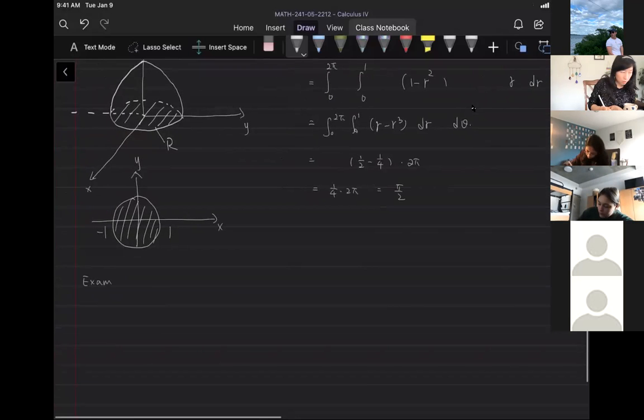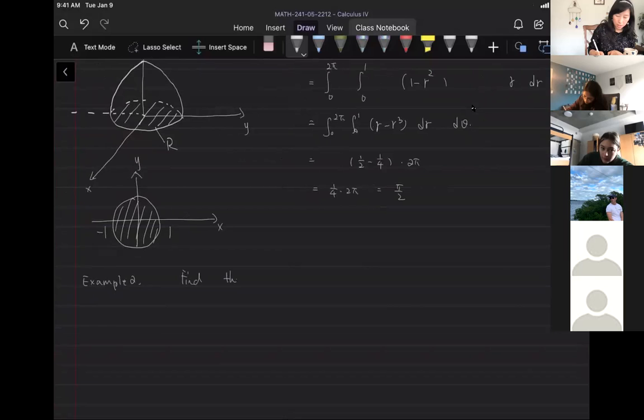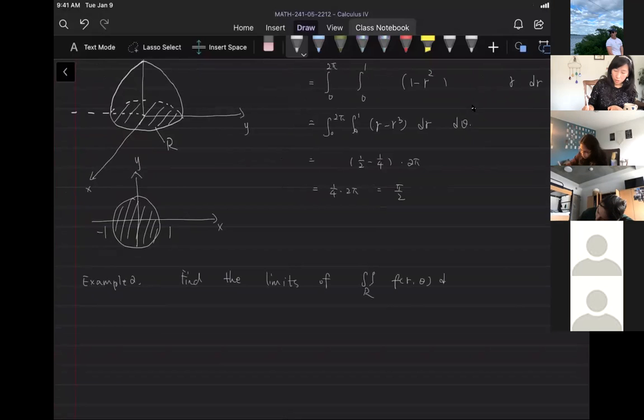Example 2. Find the limits of R, the double integral. This means it is in polar, because it's f(R, theta), right?